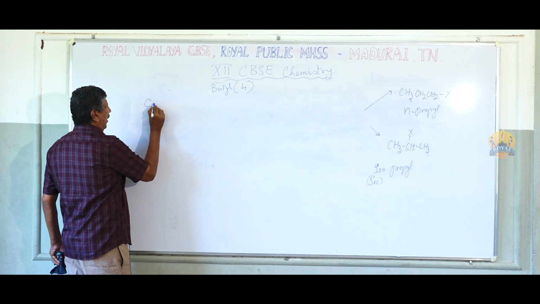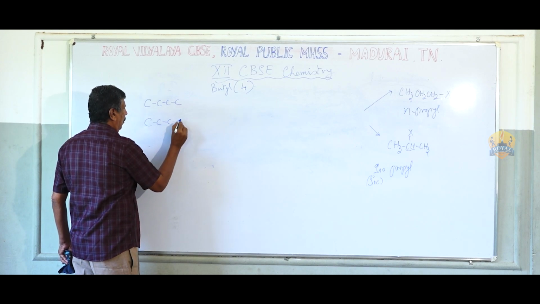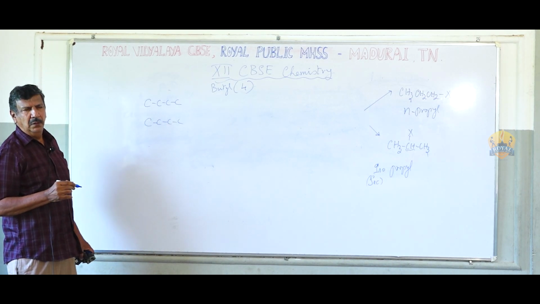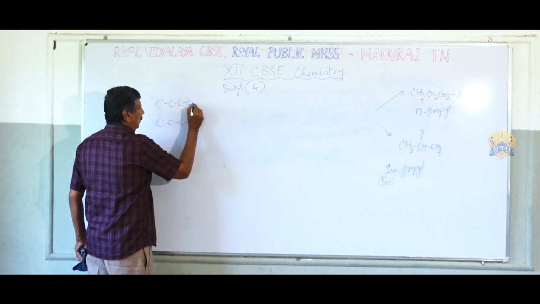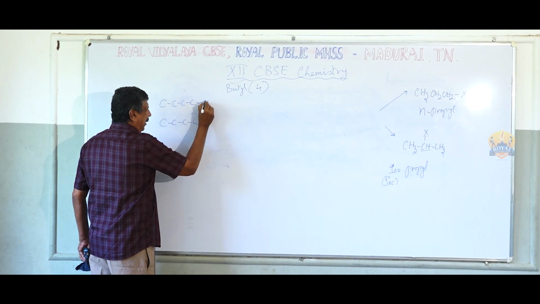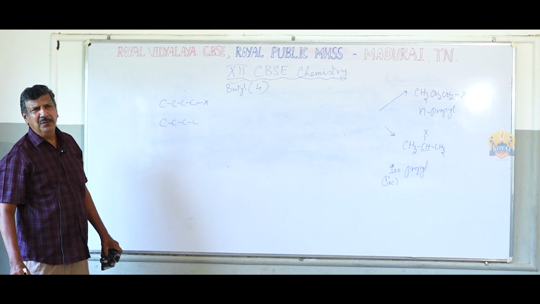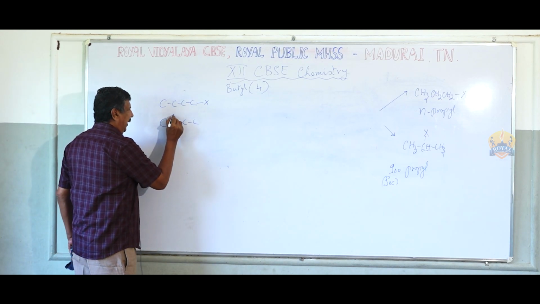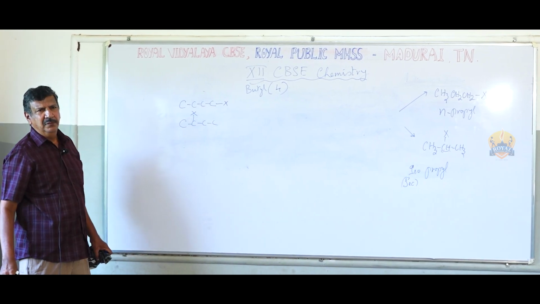You see, a straight carbon chain. Then the X can be in the end. This is one type, or the X can be in the middle. This is the second type.